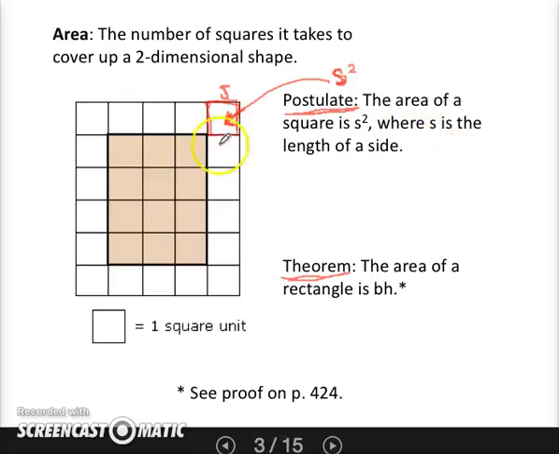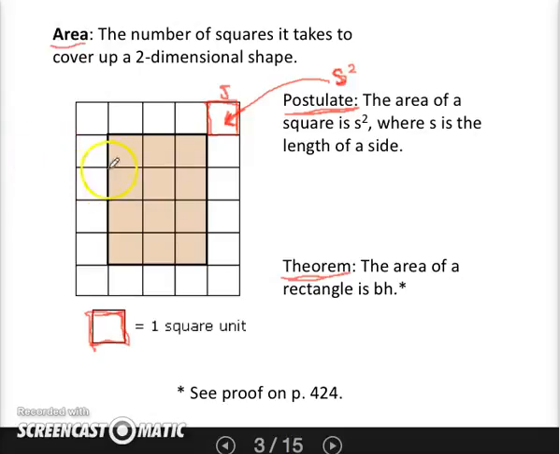Okay, so what we're doing is we're calling this little box one square unit. It doesn't matter at this point what the units are. As long as we are counting squares, we can define area as the number of squares, square units, that is, it takes to cover up a two-dimensional shape.